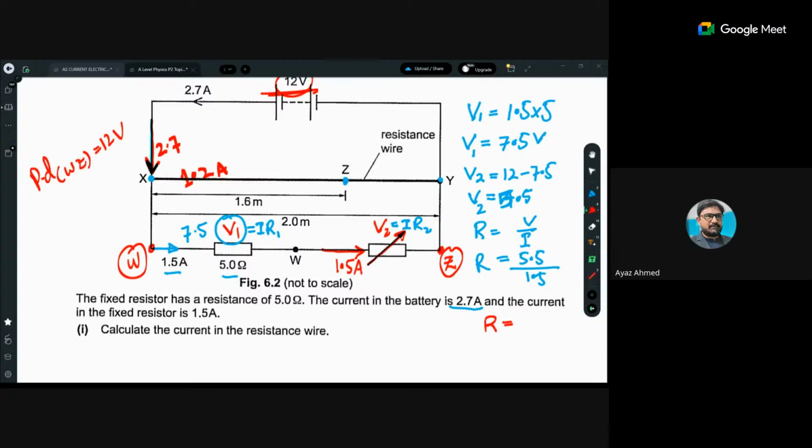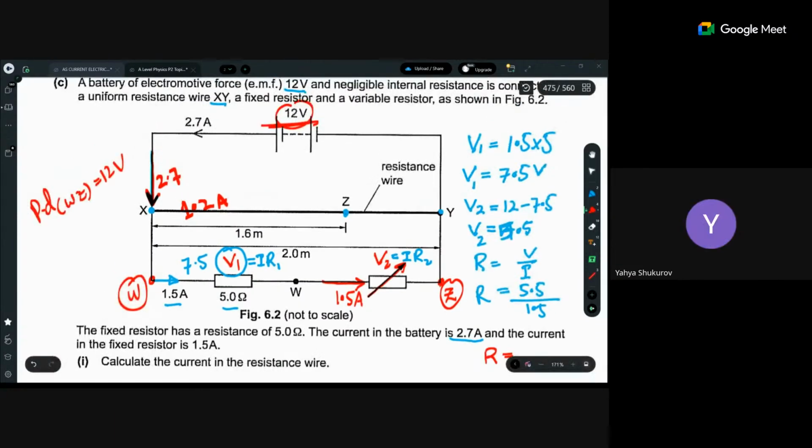Do you have a calculator? No, sir. Oh man, you forgot your calculator at school. Mohsin, don't you have a calculator? No sir, I have one. Then do the calculation, 5.5 divided by 1.5, quickly.